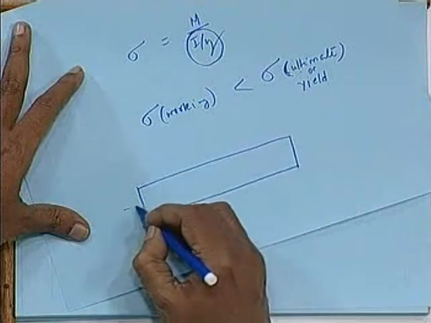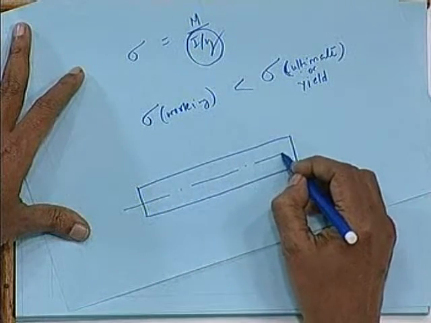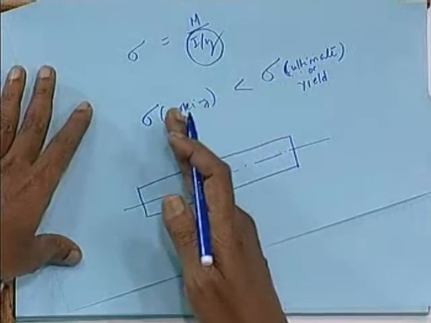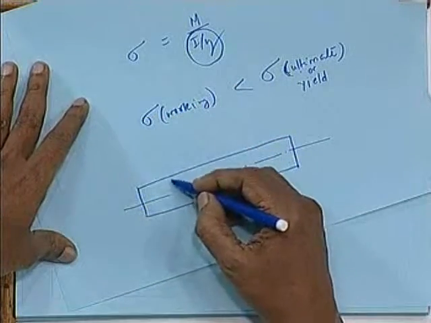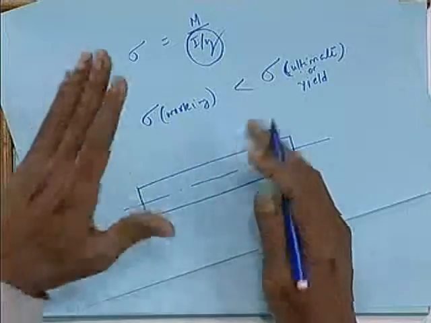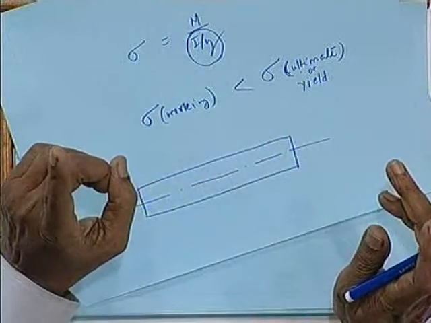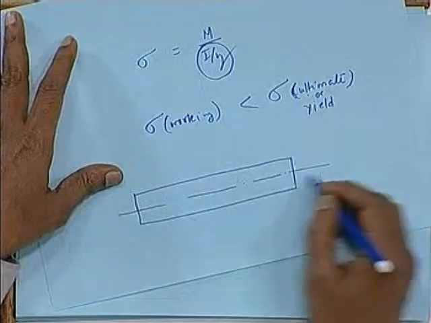Number two, all transverse sections after bending remain straight. You remember that? If this is the beam, this is the neutral axis. Any transverse section that is here should remain straight. It can only rotate. So now you have bent it.